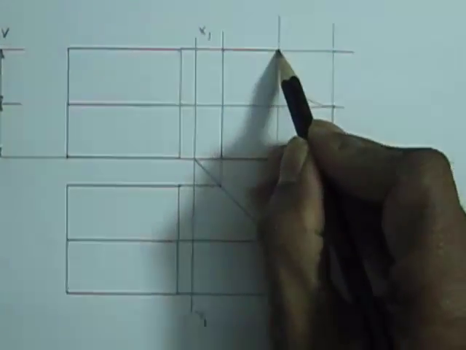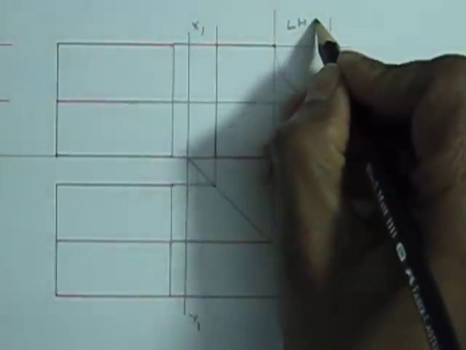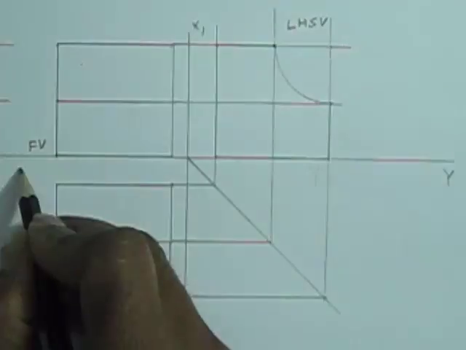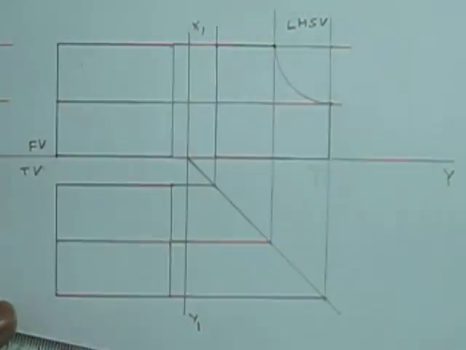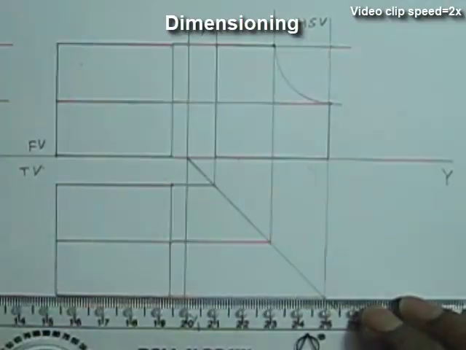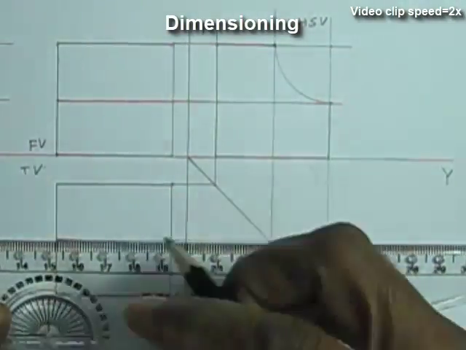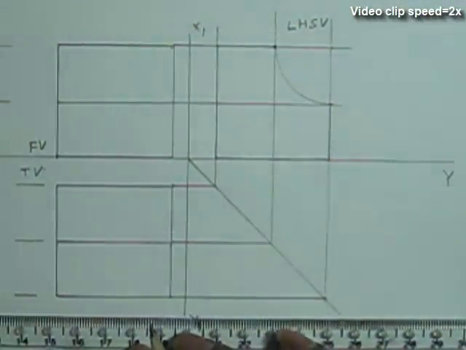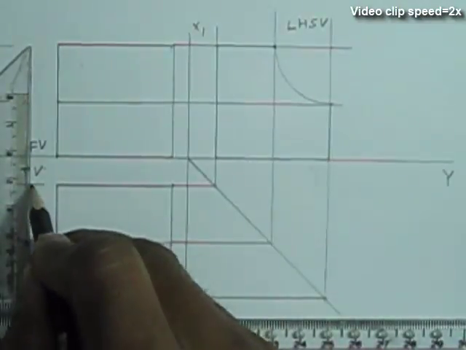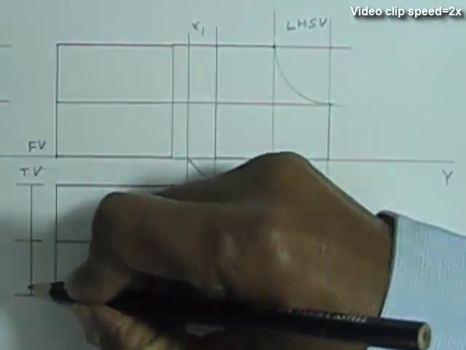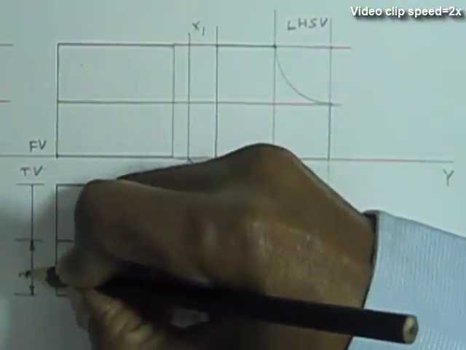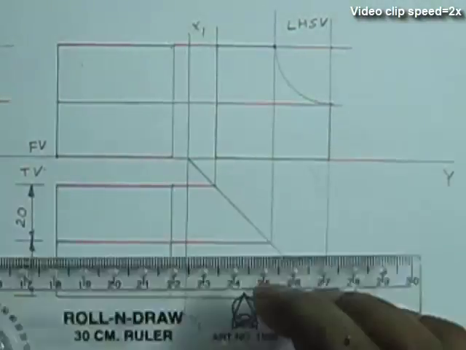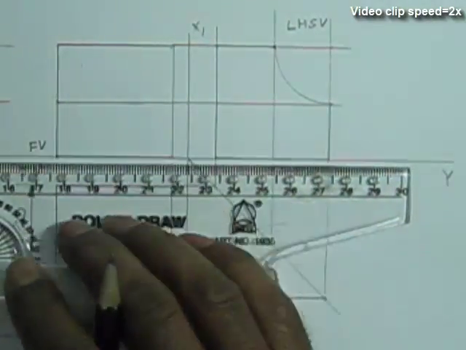Okay, so the left hand side view is ready. The front view, top view and left hand side view are placed on the right side of the front view. Now we can do the dimensioning. These dimensions will be 20 mm each, because the curved surface is cutting the cube edge midway.